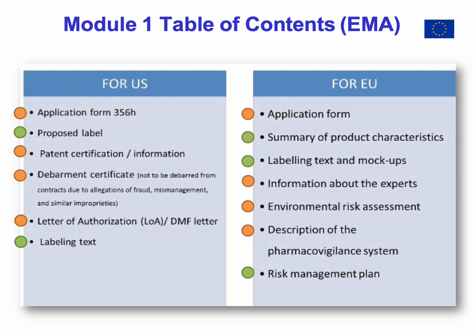Another document is related to environmental risk assessment. That's what we also have in Health Canada requirements in Module 1. And then for Europe, we have a description of the pharmacovigilance system, and they also need the risk management plan for the safety profile of the drug.